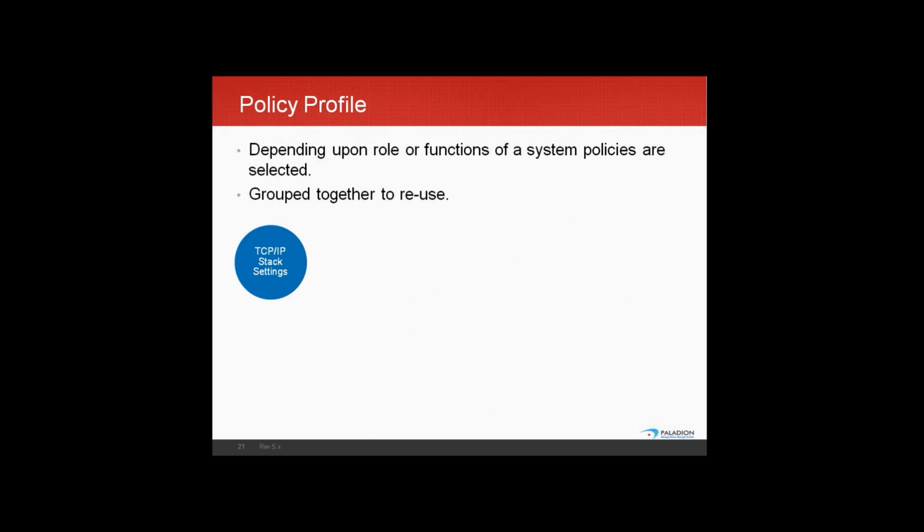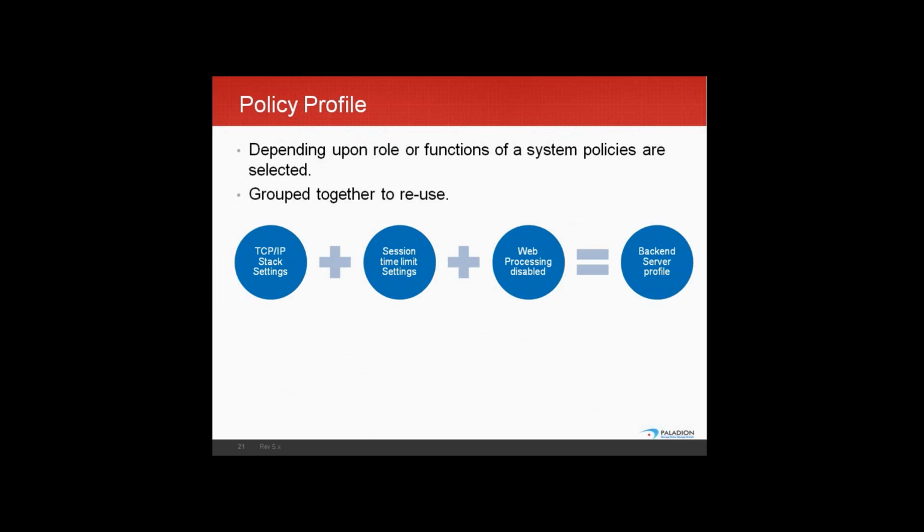affinity of servers. So what I'm trying to say is the TCP/IP settings, session time limit settings, and the web processing being disabled, these are three key policies which I would like to group under one policy profile, which I will use for a backend server which is just doing the database interaction.